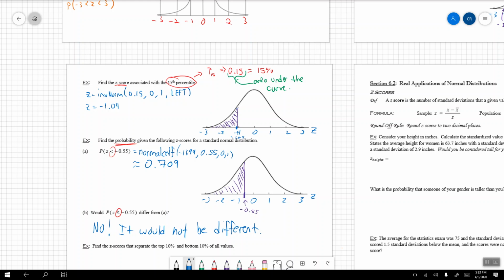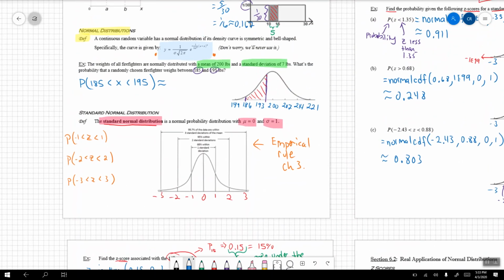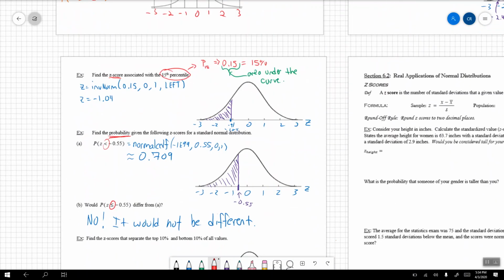Which means, notation-wise, it doesn't really matter if we use equal signs or not. So we could come over here to this problem and type in equal signs right below here to see if those equal signs change anything, and they won't. They will not change anything. This, again, only works when we're talking about a continuous probability distribution.